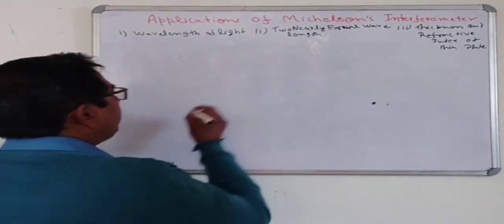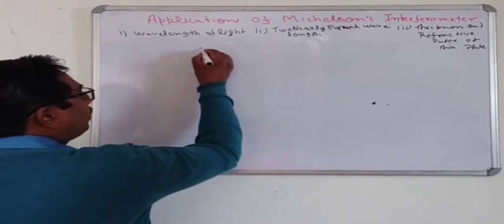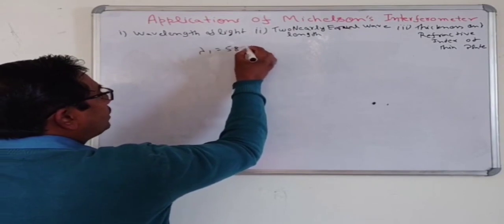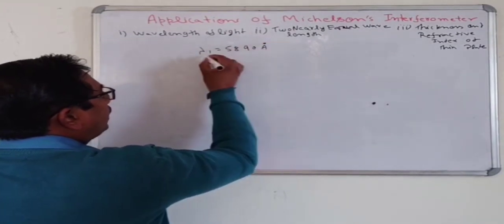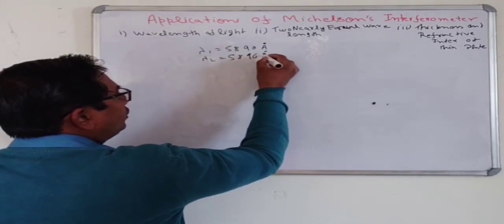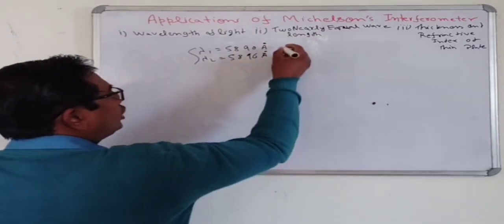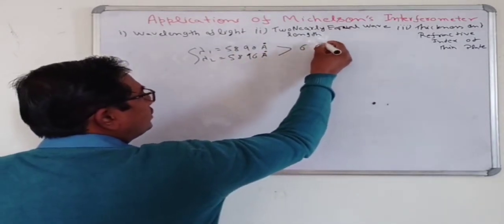In the case of the sodium lamp, it produces two wavelengths: lambda 1 is equal to 5890 angstrom and lambda 2 is equal to 5896 angstrom. Now you can see that these are nearly equal wavelengths and the spacing between them is 6 angstrom.